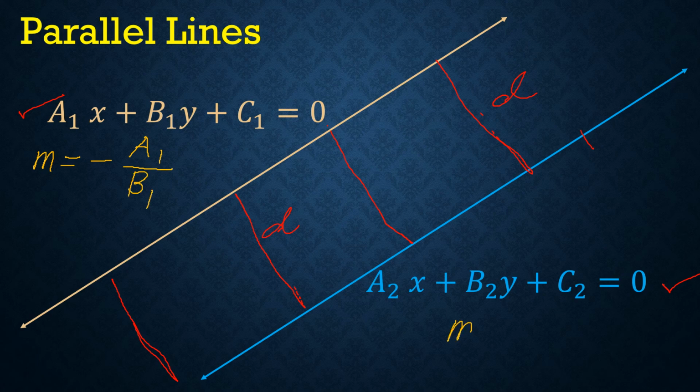The other line has a slope of negative a sub 2 over b sub 2. We name these m sub 1 and m sub 2. These two lines are parallel if and only if the slopes are equal. So that is how we define parallel lines.